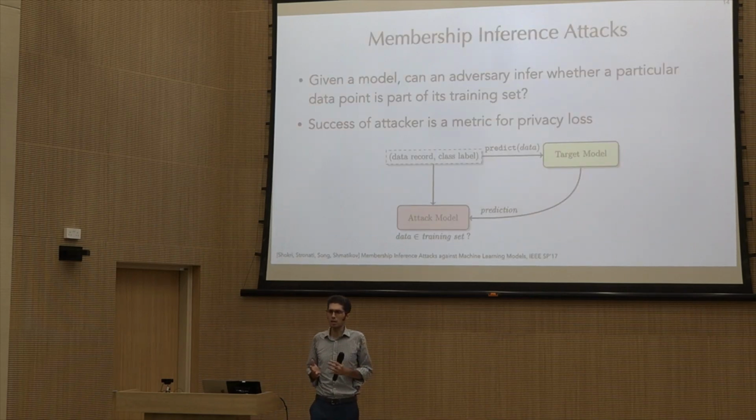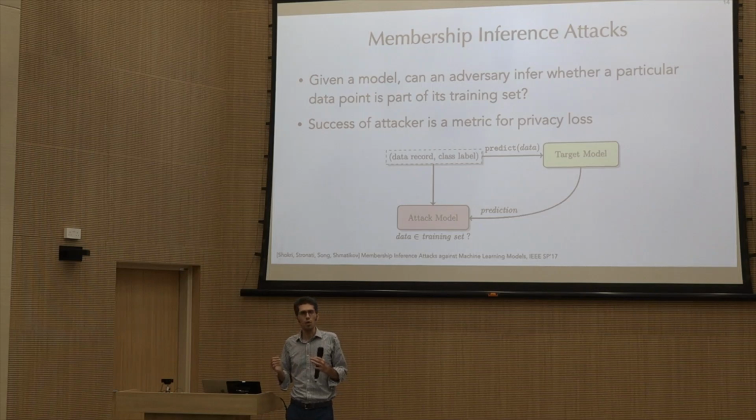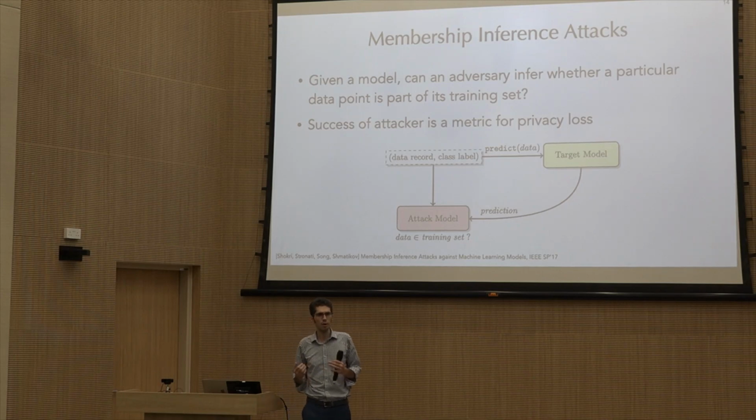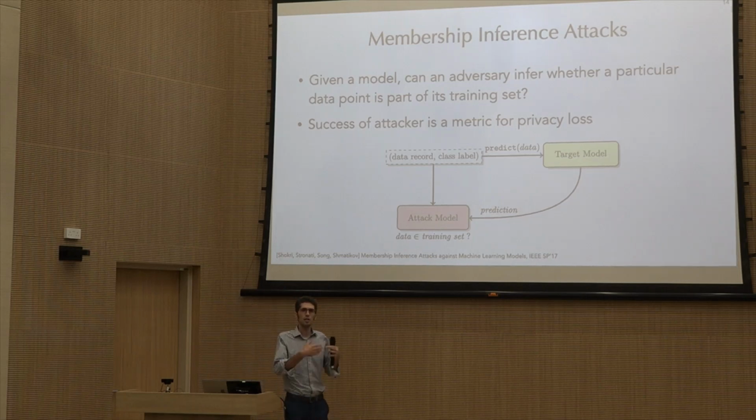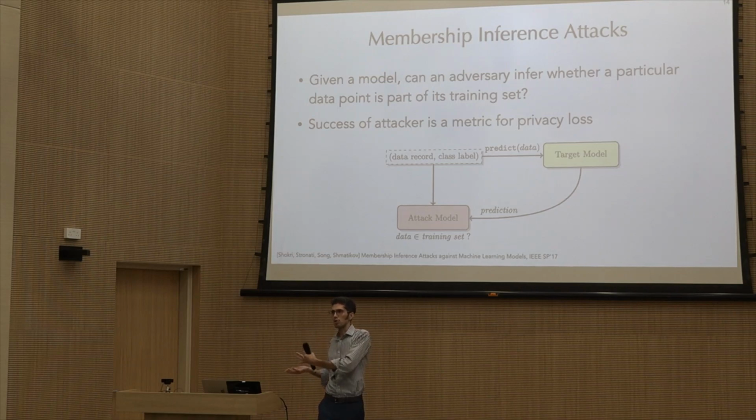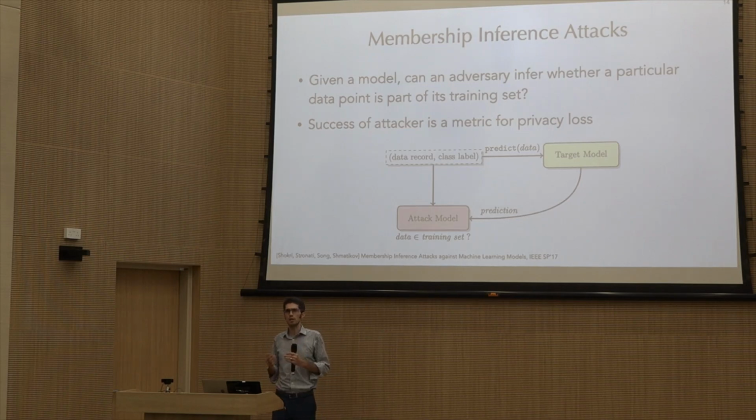A membership inference attack is an attack where, given a model and a given data point, the adversary tries to tell whether that data point was part of the training set of the model. If the adversary succeeds, it means he is able to tell the difference between the worlds where the data point is there or is not there, and therefore the model is leaking information about that particular data point under that setting.